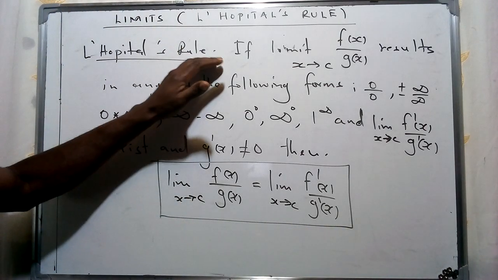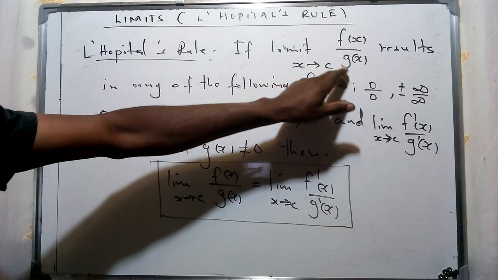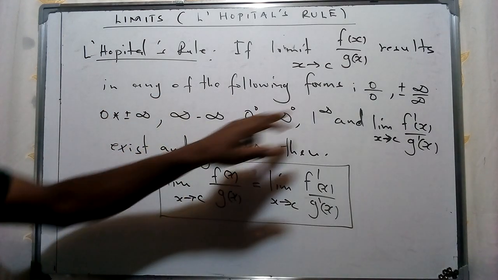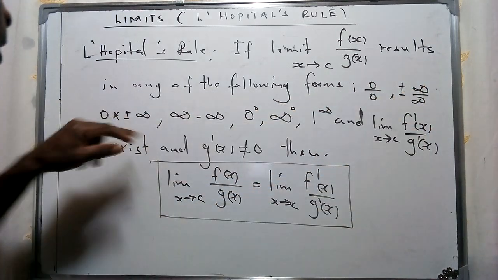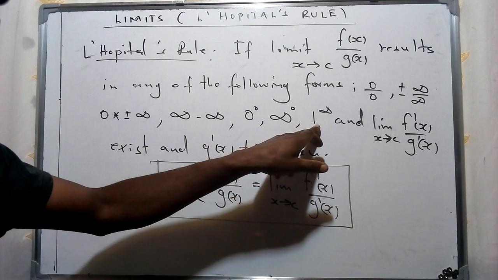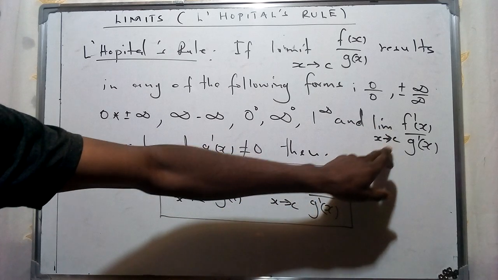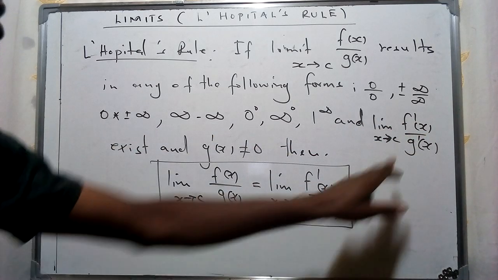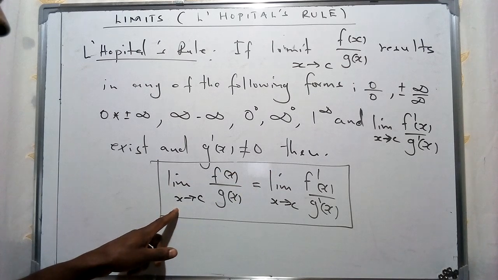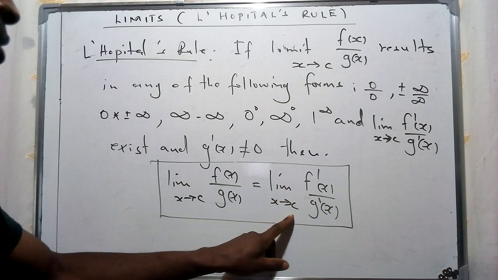which culminates from this statement, which says that if the limit as x tends to c of a function f(x) over g(x), which is a rational form, results in one of these particular forms which we have given, 0 over 0, plus or minus infinity over infinity, 0 times positive or negative infinity, infinity minus infinity, 0 raised to 0, infinity raised to 0, 1 raised to infinity, and the limit as x tends to c of f prime of x over g prime of x exists, and the denominator of this derivative is not equal to 0, then the limit as x tends to c of f(x) over g(x) is given as the limit as x tends to c of f prime over g prime.